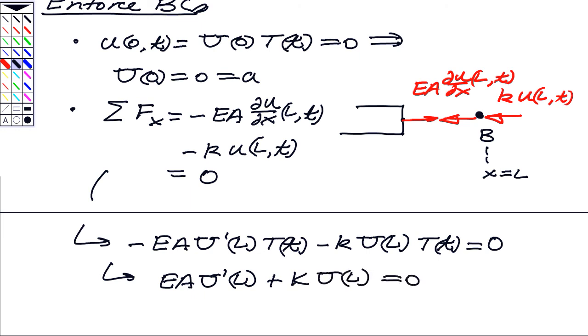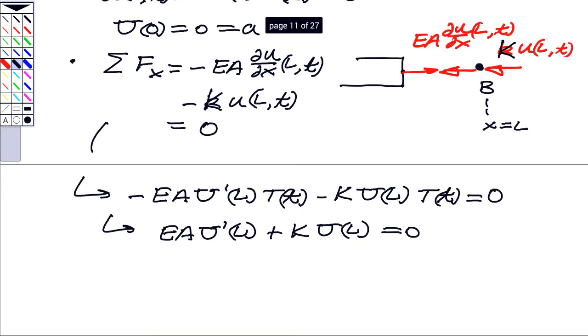I think to be consistent here, I need to make this a big K. So let me change that, just so we're clear all the way through. This should be big K. Okay, so that is our second boundary condition.